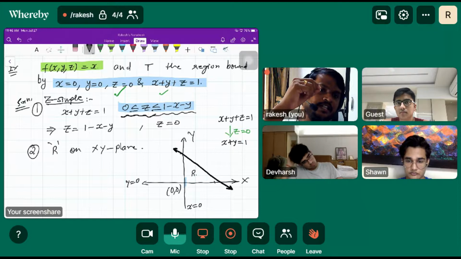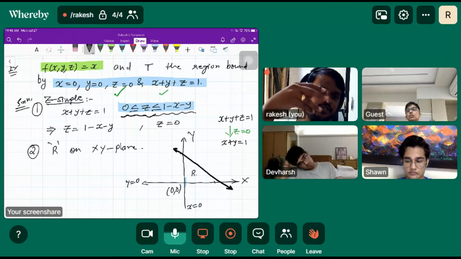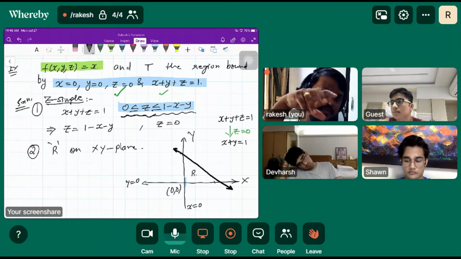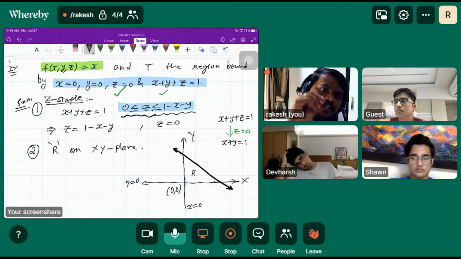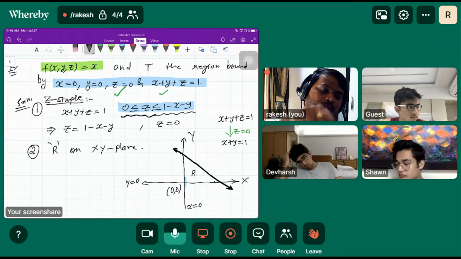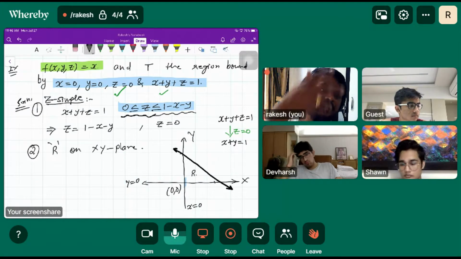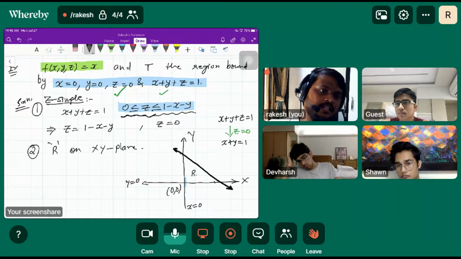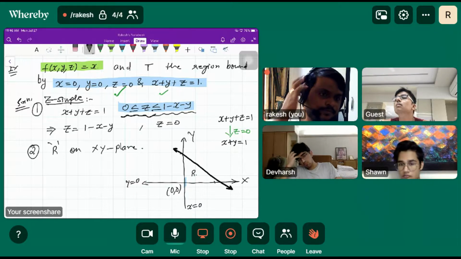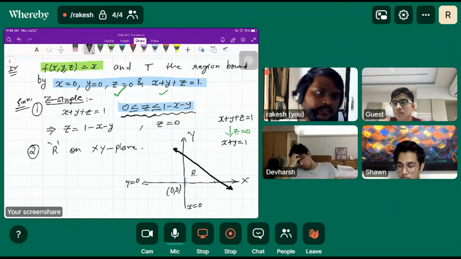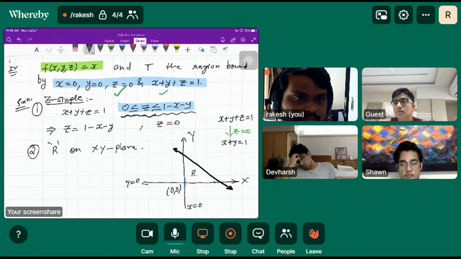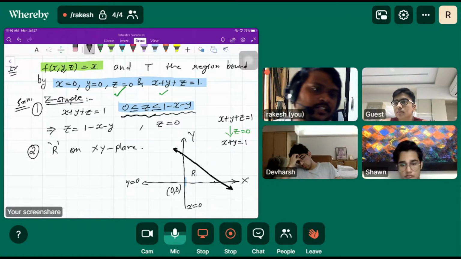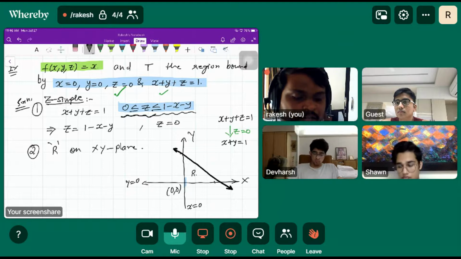I am just taking the origin. If you plug 0 0 into 1 minus x minus y, that is 1, which is more than 0. Are you getting that? So our upper limit is 1 minus x minus y and the lower limit is 0. Are you getting this? How do we know that the lower limit is 0 and the upper limit is 1 minus x minus y?